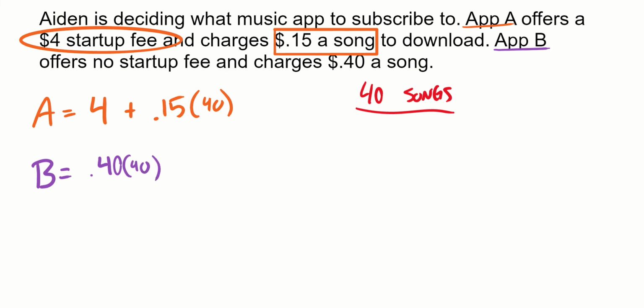I'm going to do my multiplication first, and I'm going to say 0.15 times 40 is $6 for his songs, plus the $4 startup. App A costs $10. App B, if I just were to download 40 songs at 40 cents, would cost me $16.